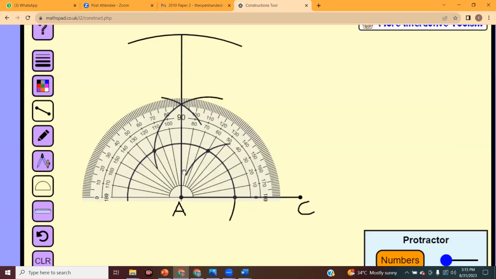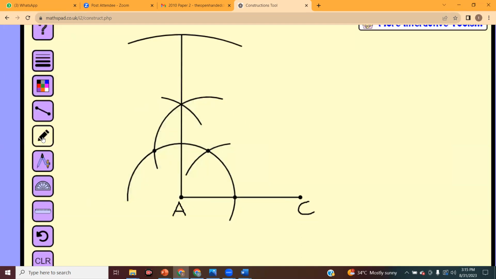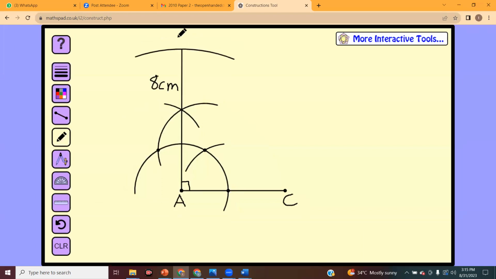So we drew the 90-degree angle, and we can draw right here and say this is 90 degrees. Remember that this one is also 8 centimeters in length. And we have to call that B.